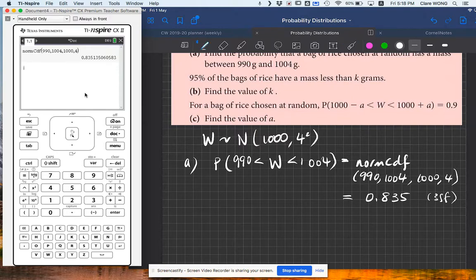Let's do one ourselves. So make a sketch. So you have 990 and then 1,004.